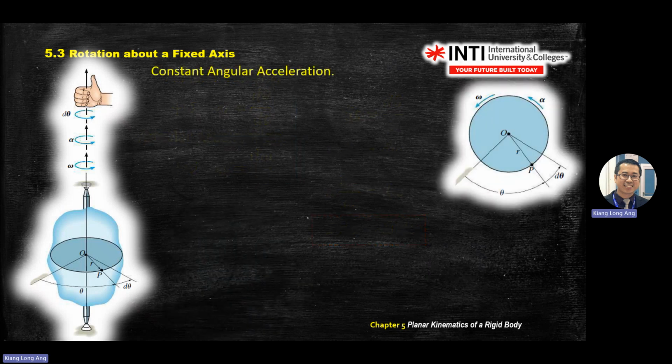Okay, the next one is constant angular acceleration. When you have a constant angular acceleration alpha, because in chapter 1 there is one case where your acceleration is constant, you derive 3 Newton equations. Same with here. If you have constant angular acceleration, you still can derive. So you have these 3 equations, omega or your velocity, alpha is the acceleration, and when you freeze the time, you get alpha d theta equal to omega d omega.